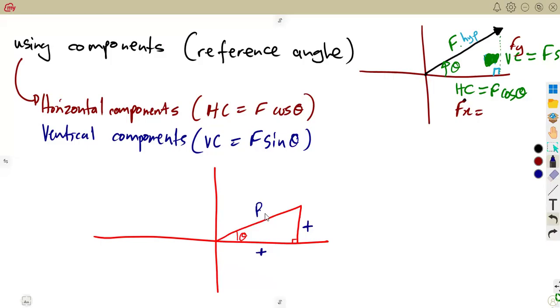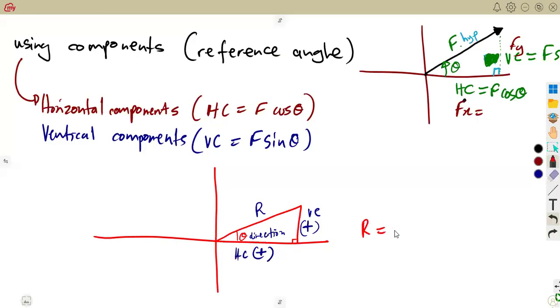Here you'll be calculating your resultant, and theta represents our direction. This is your horizontal component, which will be positive, and this is your vertical component, which will be positive in the first quadrant. So you have to consider the quadrant that you are working with.